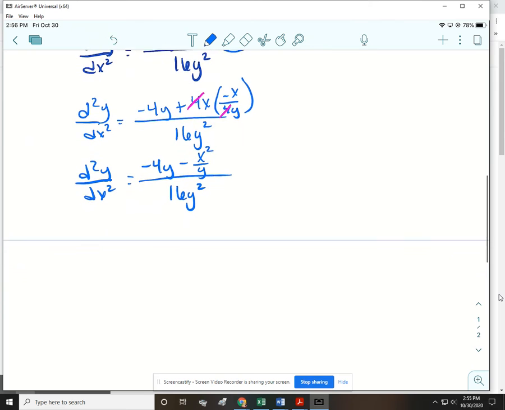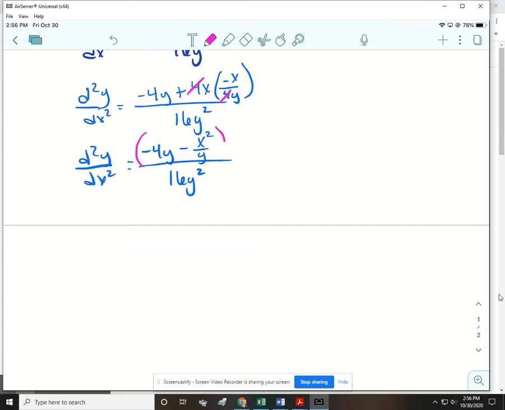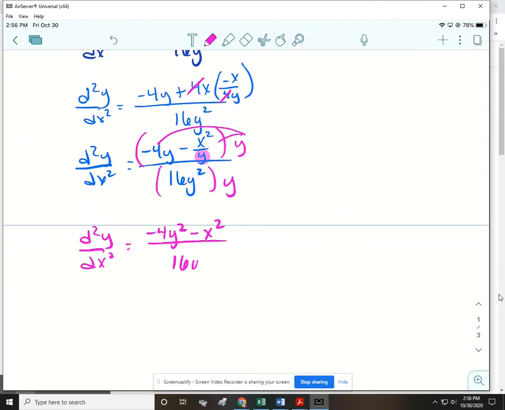Now, we don't like to leave a fraction inside of a fraction, so I'm going to multiply by the denominator of the little fraction, which is y, to eliminate the little fractions. Make sure you distribute that on the numerator. When we multiply the first term, do that, then the next one cancels out the y. And on the denominator, we get 16y cubed.